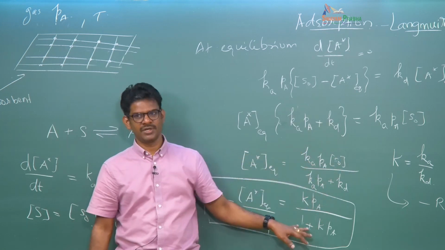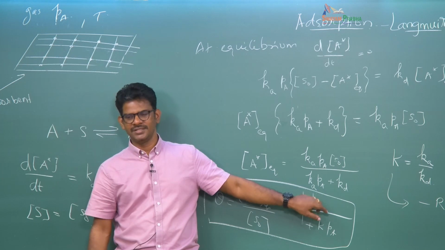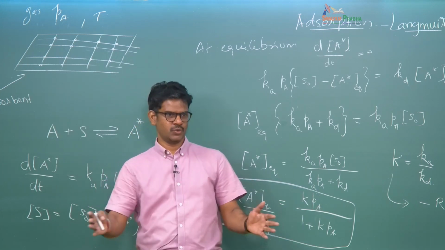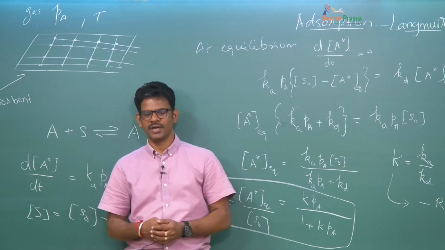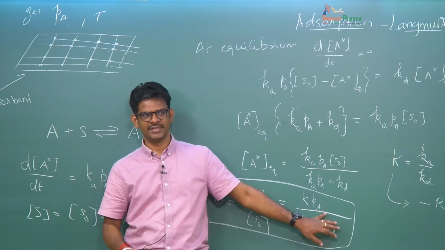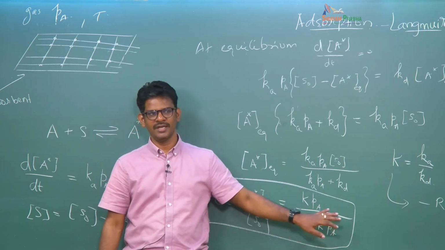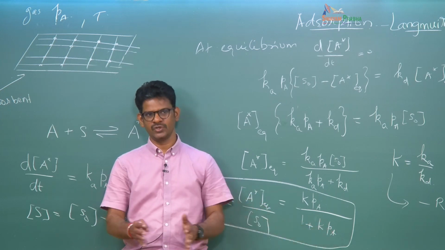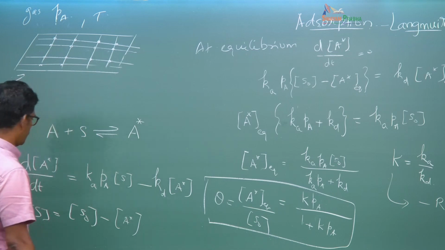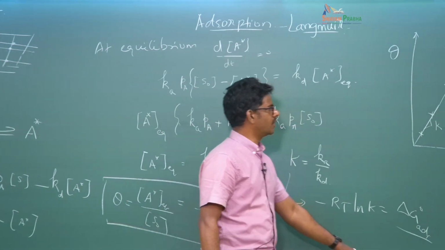But the deterministic approach does not give you the likelihood of the fluctuation. It does not tell me whether I am looking at an adsorption area of 1 meter square or 1 nanometer square. It will give the same prediction. It does not incorporate any randomness in the problem, especially when you go to smaller sizes. So let us look at the stochastic approach to this problem.